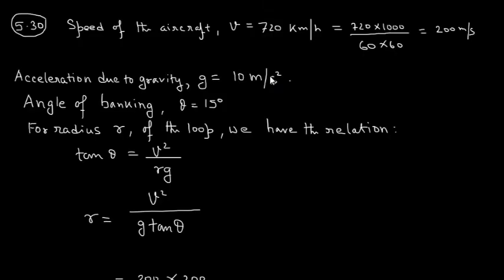The speed of the aircraft v is equal to 720 km per hour. Converting it into meter per second, it is 200 meter per second. Acceleration due to gravity g is equal to 10 meter per second square. Angle of banking theta is equal to 15 degrees.